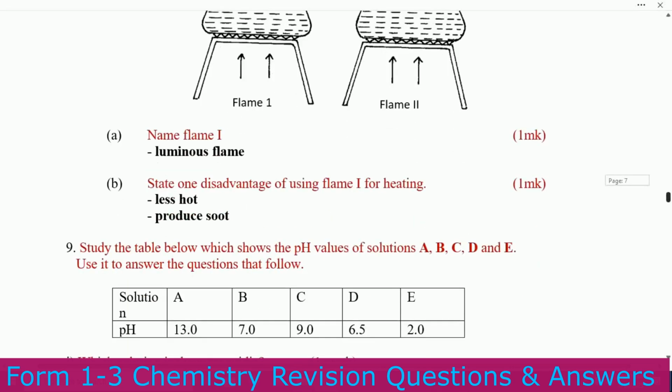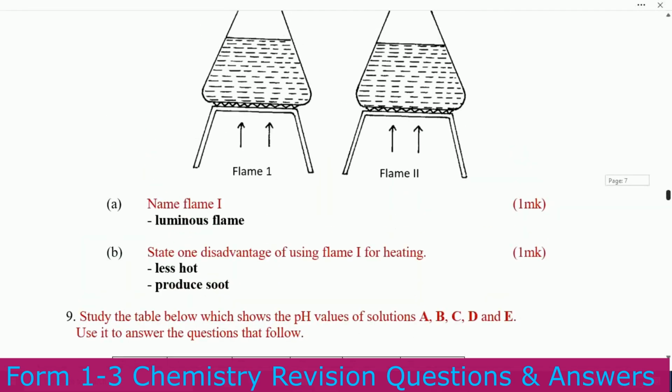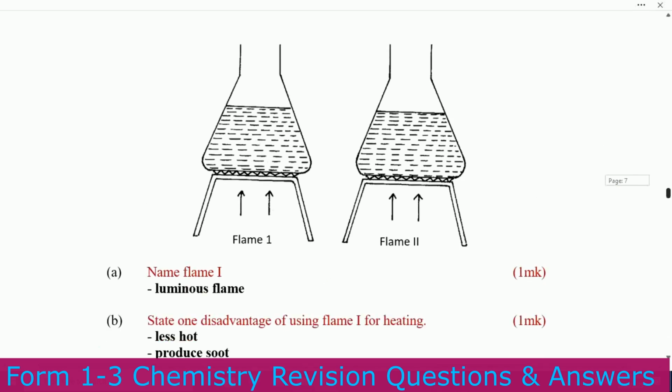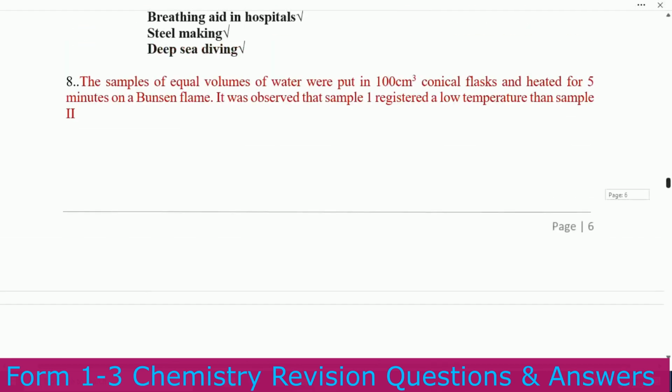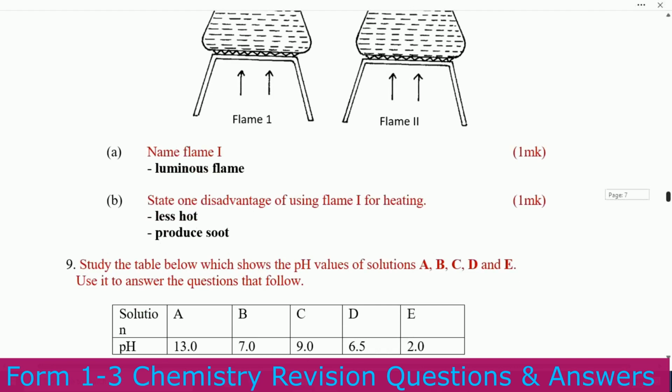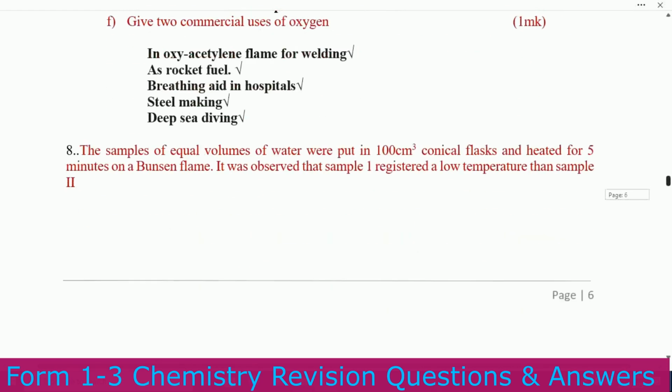Now you can see sample 1 and sample 2, flame 1, flame 2. You can see them here. Name flame 1. Flame 1 is luminous flame.